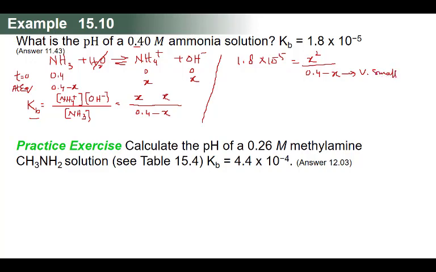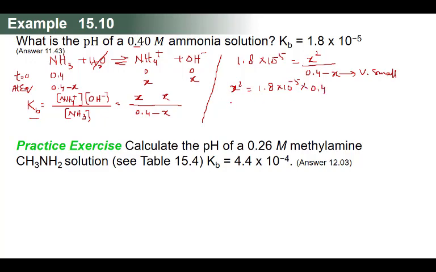Make it 0, so our equation becomes easy. Otherwise we have to go for a long calculation using the quadratic equation, which we don't want. So we just remove this X and cross multiply. X square is equal to 1.8 into 10 to the power minus 5 multiplied by 0.4.